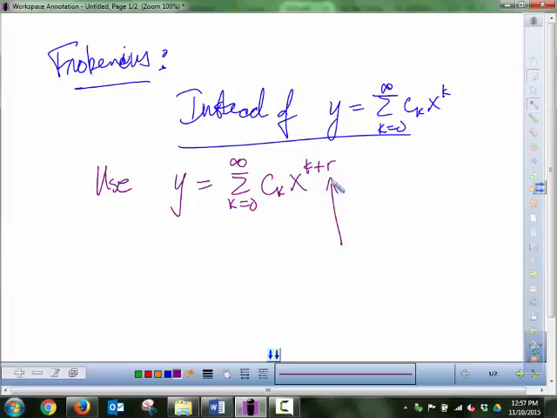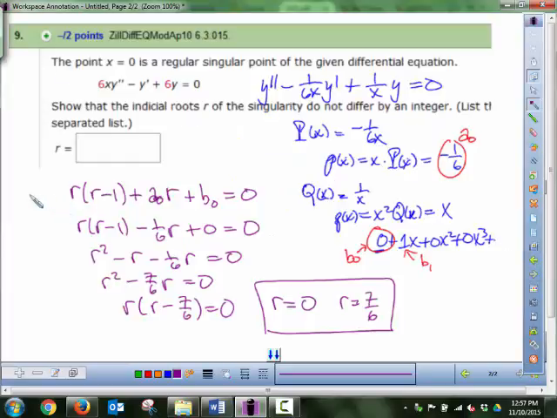What they do is they go through the process of setting up your differential equation, and then they find the roots along the way of solving the equation. So for us, we used the indicial equation formula to come up with our roots, and then from here we're going to solve for the roots one by one.